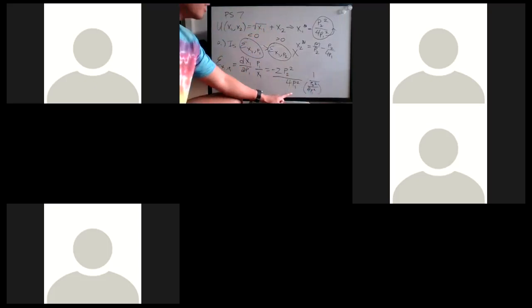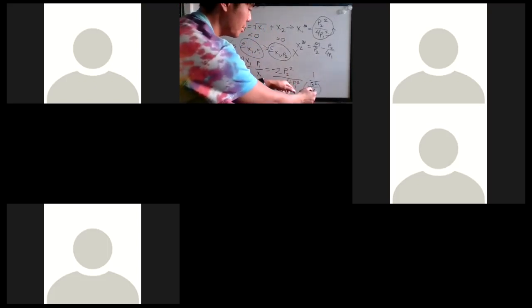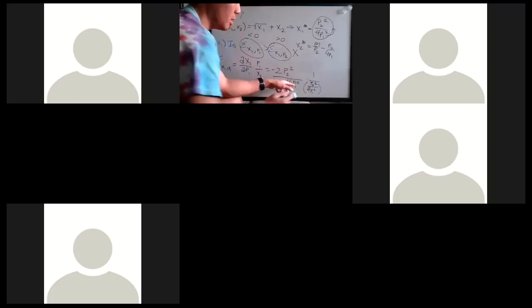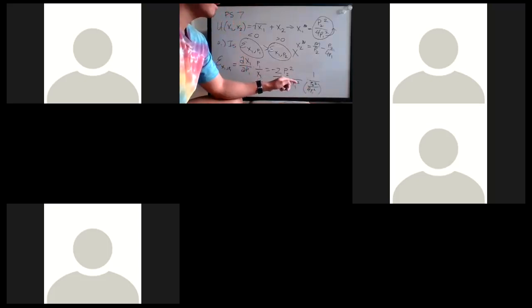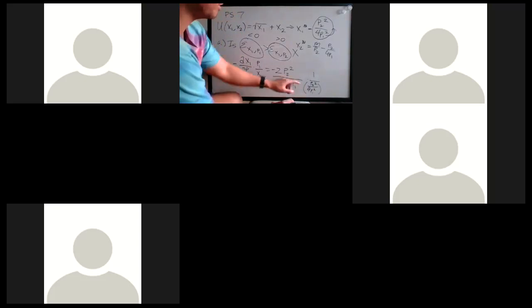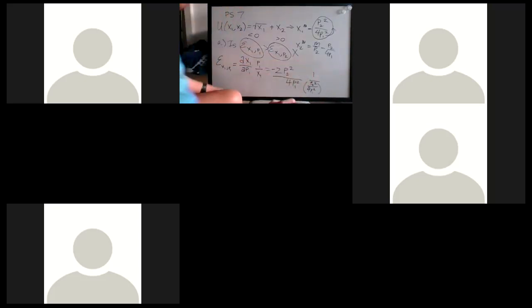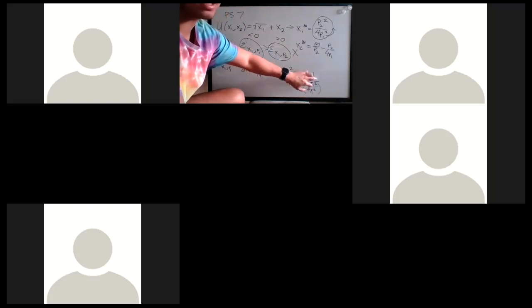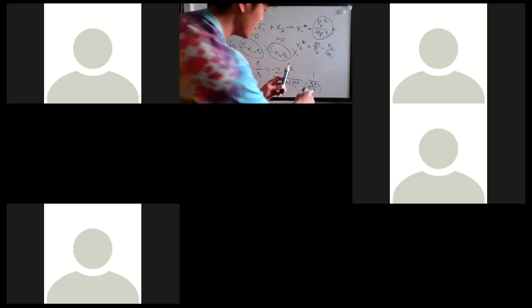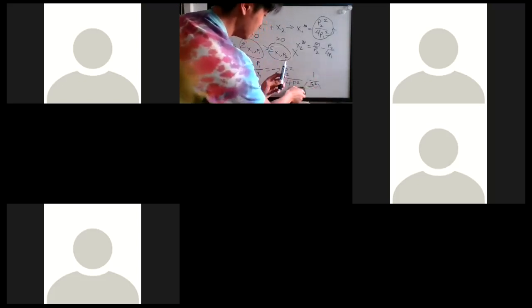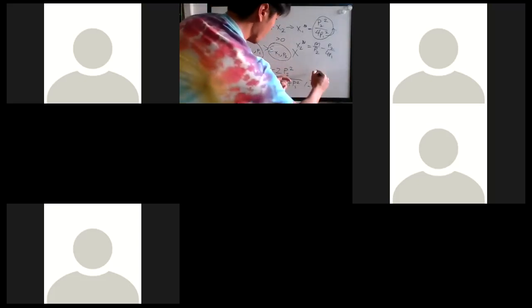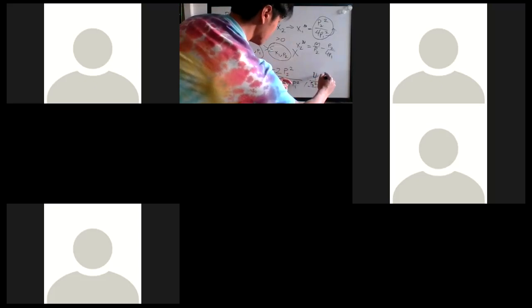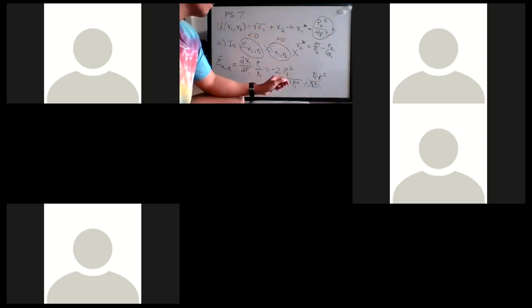And I also noticed that I have a P1 here and a P1 here. And because I'm dividing by a fraction, what I really could do is multiply by the reciprocal and bring this 4 P1 squared to the top, right?